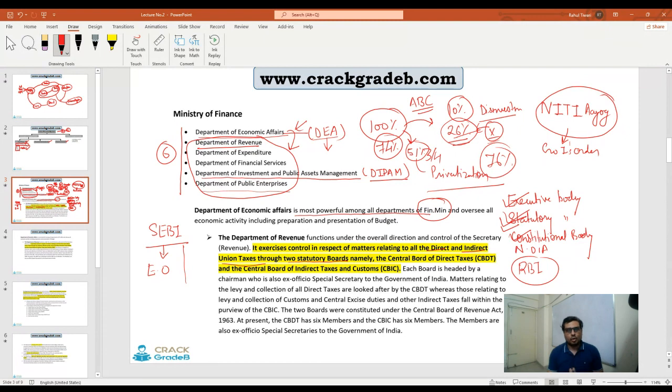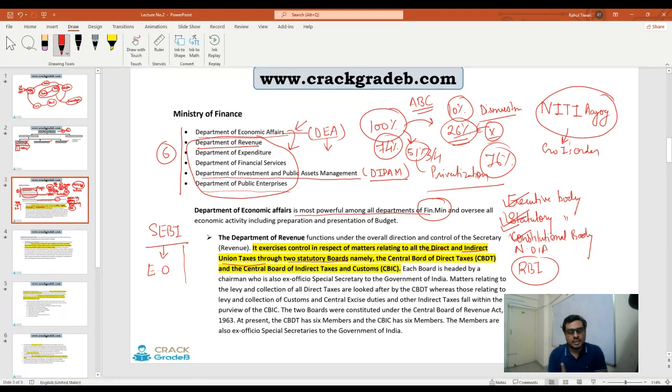Similarly, if any organization is formed through the constitution or a constitutional amendment, for example, the Supreme Court under Article 124, right? A lot of other articles related to the Supreme Court are there. So the role, power and function is assigned to the Supreme Court through the constitution.